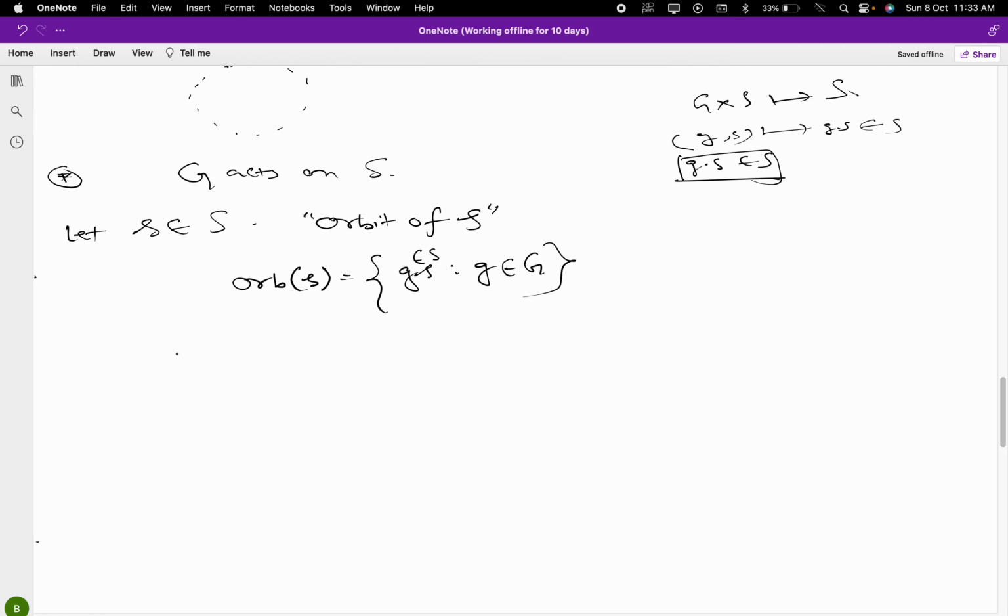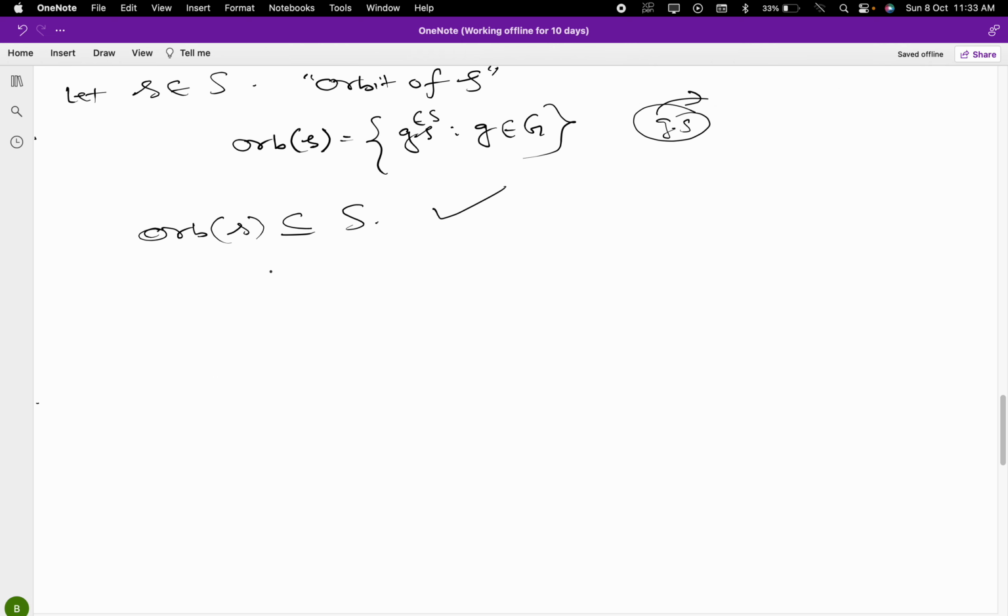Can you see that the orbit of s is a subset of S? It should be clear to you. I am taking all the possible elements G dot s, where g varies, and s is fixed. For a fixed s, I am defining the orbit, right?